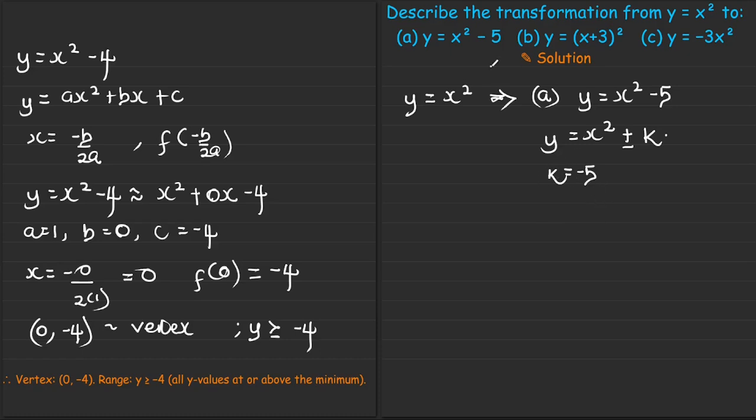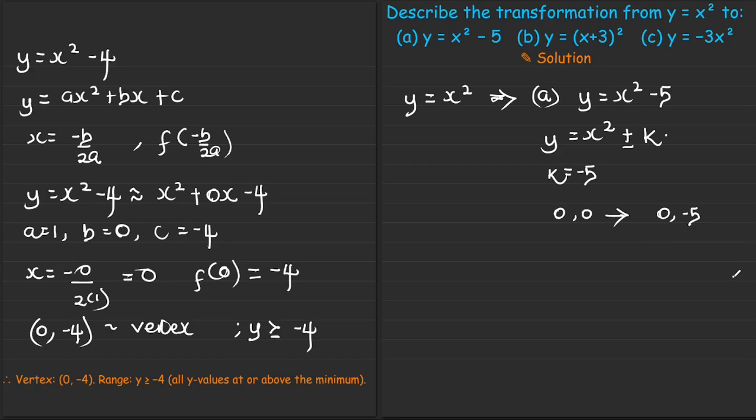Our parent function's vertex is 0, 0. So if it is moving downwards, then it has moved from 0, 0 all the way down to 0, -5. So our transformation is a vertical shift downwards by 5 units.